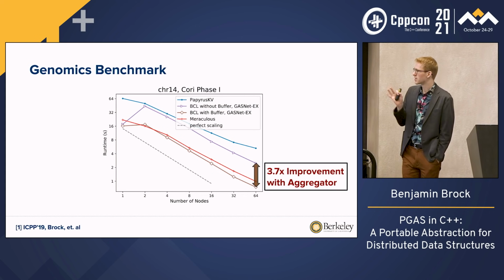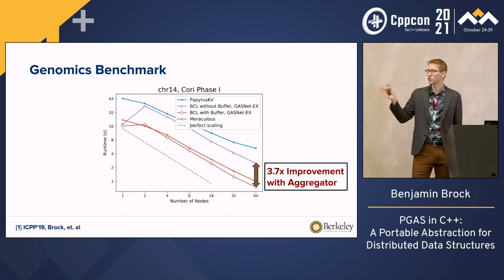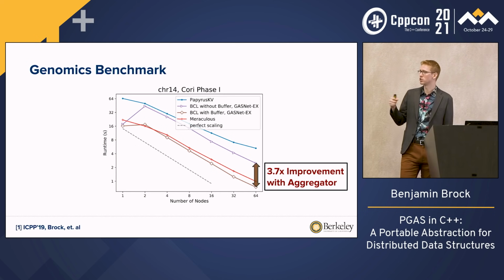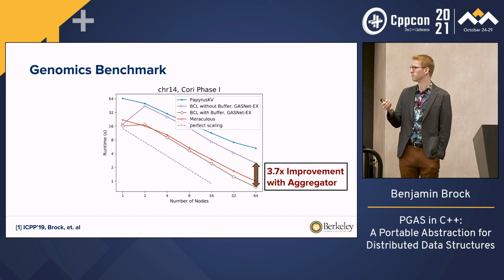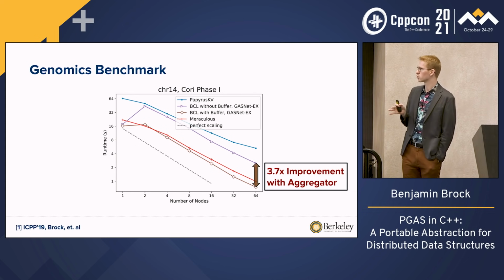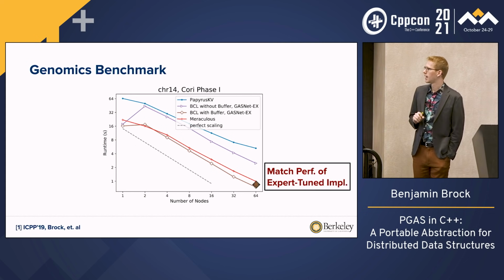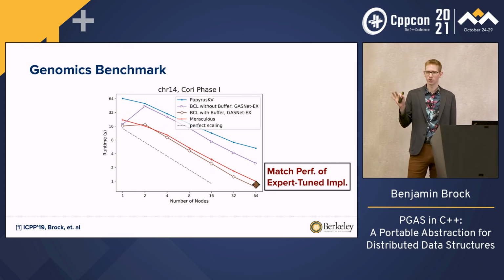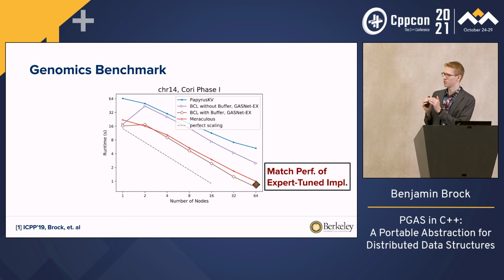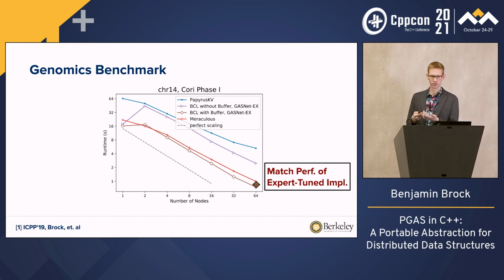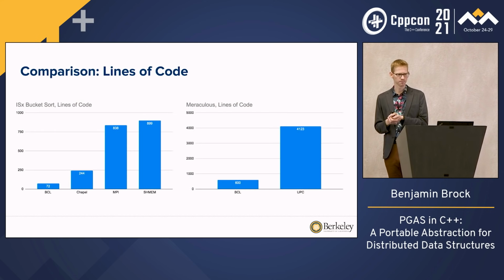So there's about a 3.7% improvement in this particular benchmark, which does have a bulk insertion phase, but also has some fine-grained iteration over the data structure. We're also able to match, using programs written with these high-level data structures, the performance that you get with expert-tuned implementations, assuming we have the correct data structure.